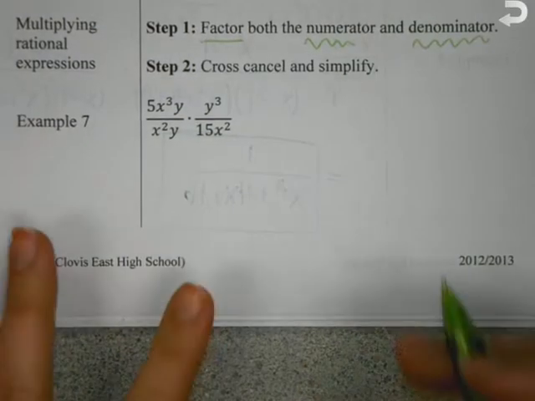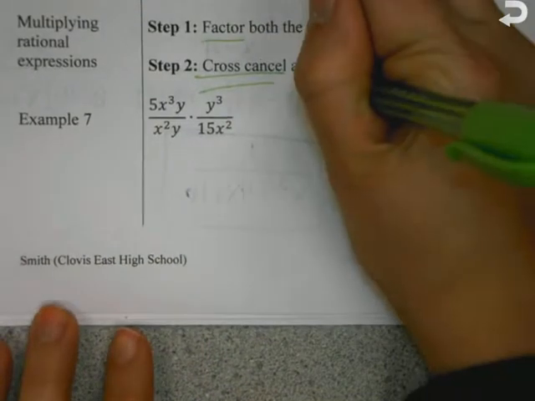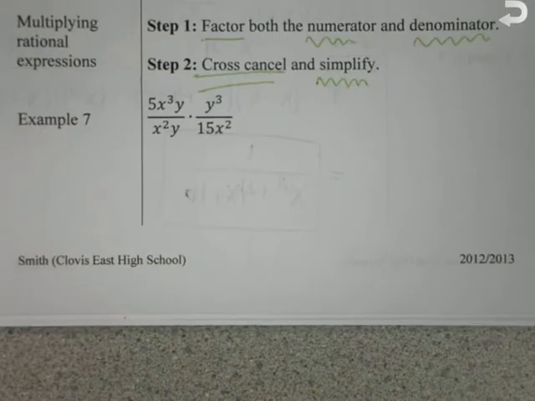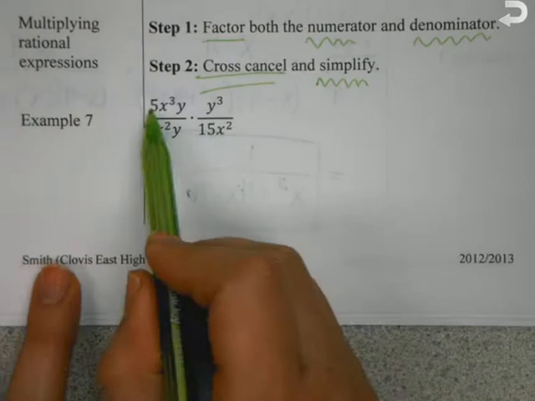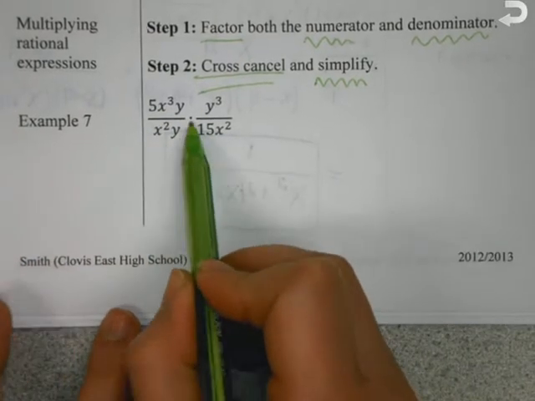Okay, example 7. 5x to the third y all over x squared y times y to the third over 15x squared. Nothing here can be factored because it's all just multiplication. So what we're going to do is cross cancel where we can.